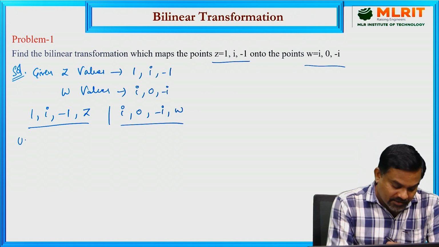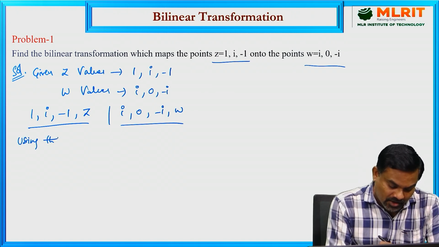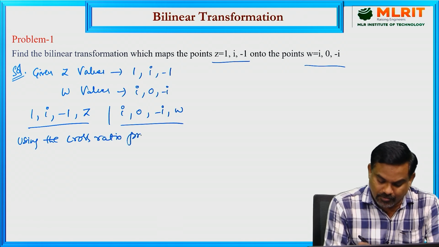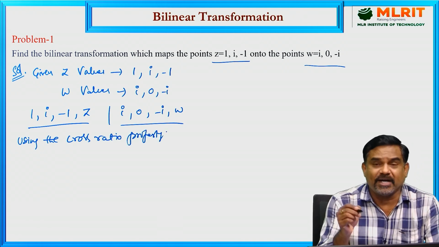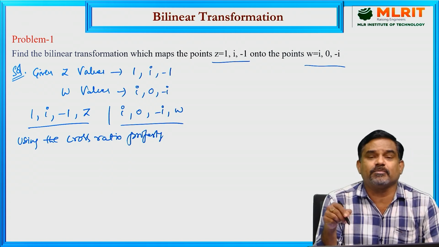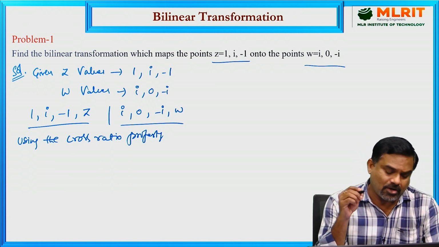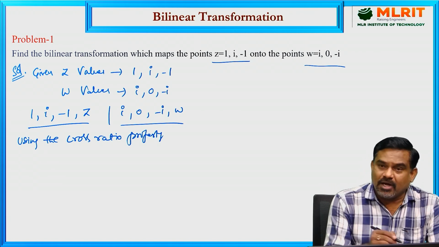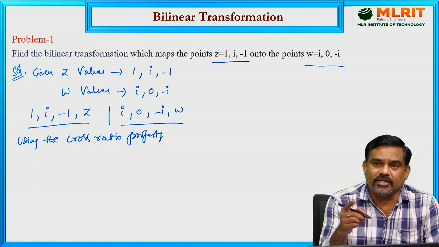Now using the cross ratio property, we need to find the bilinear transformation, and we know that the bilinear transformation preserves the cross ratio, hence we are using that. Now what is that property? Just now we discussed 1, 2, 3, 4 divided by 1, 4, 3, 2.